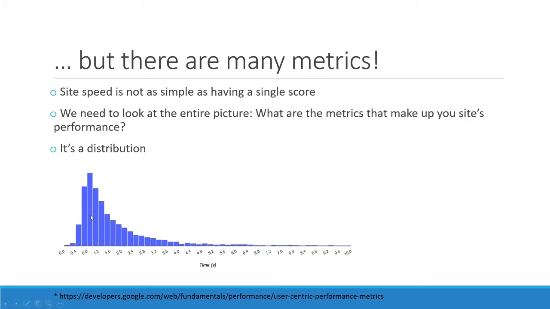This is a collection of all the page loads of all the users, taken from a website. The majority of the users experience load times below 4 to 5 seconds, but there are still users experiencing load times up to 10 seconds. And this is what we call a long tail in statistics.